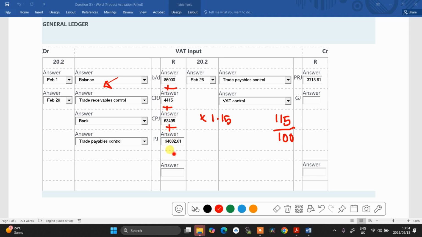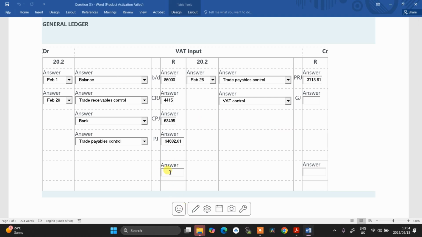Okay, my calculator gives me the value of 187,592.61. Okay, if that is correct, simply copy this value and then you paste it here. Okay, so it's 187,592.61.